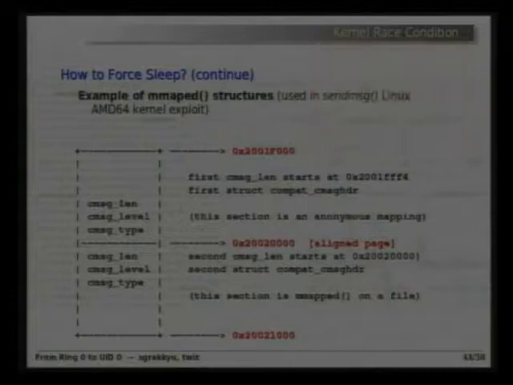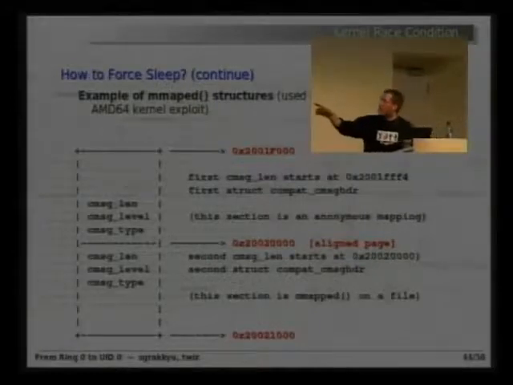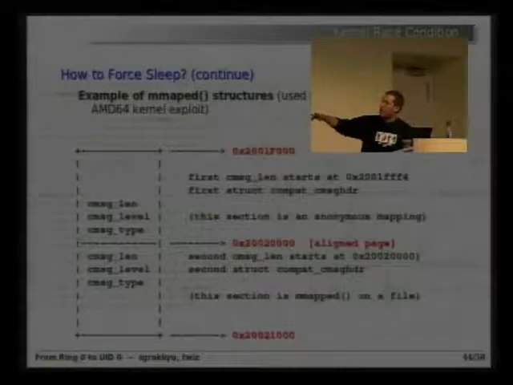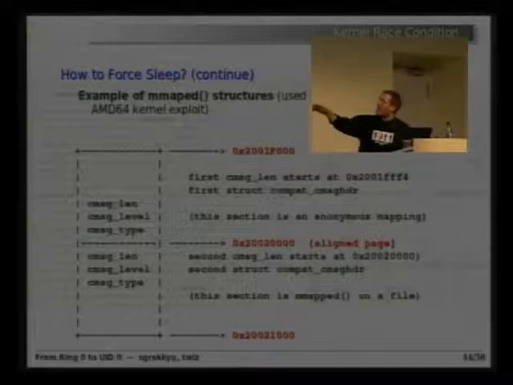This is an example of a payload in memory. In this case, we use this payload in an exploit for the AMD64 kernel on Linux. Here we also need the fault to happen at the precise address, so we have to align the address of the second structure to the clustering value, as you saw before.